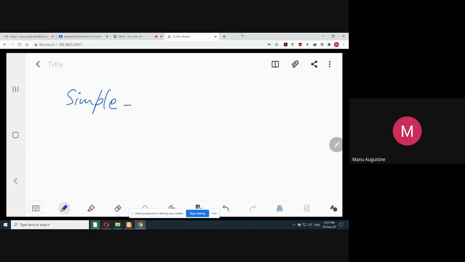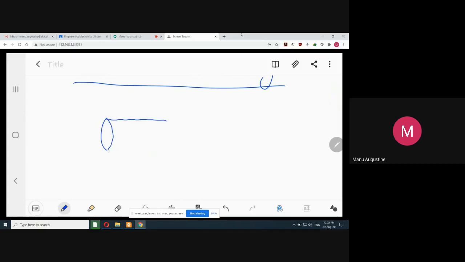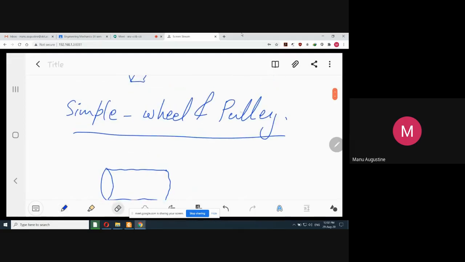Right now, I'm not discussing it. I'm just comparing Weston's differential pulley with what we have studied earlier. So, a simple wheel and pulley arrangement was made like this. This was the axle. Sorry, this is not pulley here. This is wheel and axle.